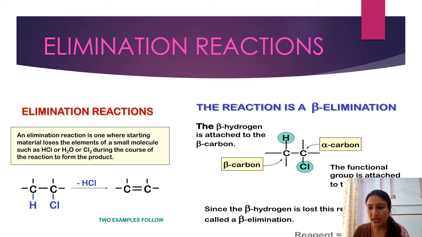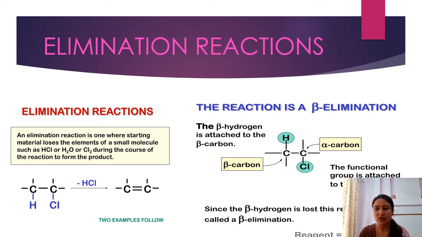When a haloalkane with a beta hydrogen atom is heated with alcoholic solution of potassium hydroxide, there is an elimination of hydrogen atom from beta carbon and a halogen atom from the alpha carbon atom. As a result, an alkene is formed. As you see here, an alkene is formed as a product.